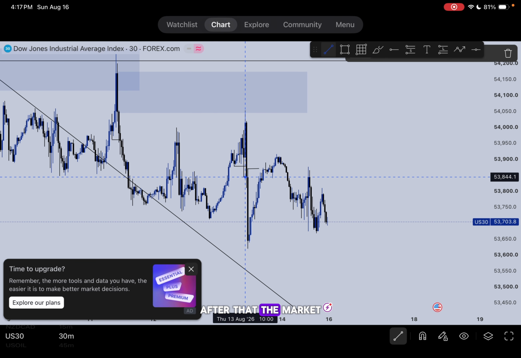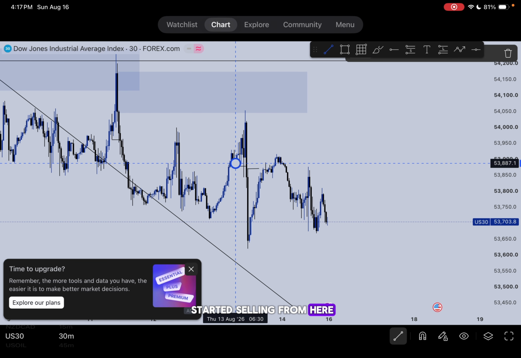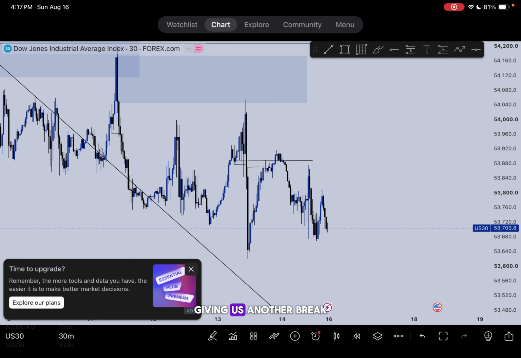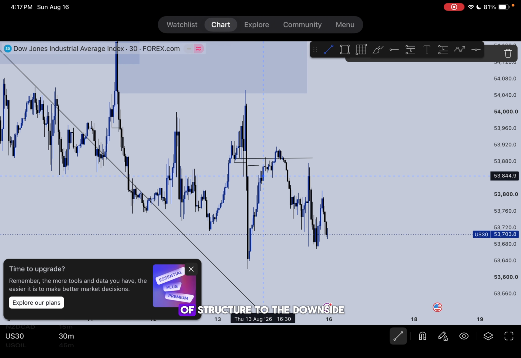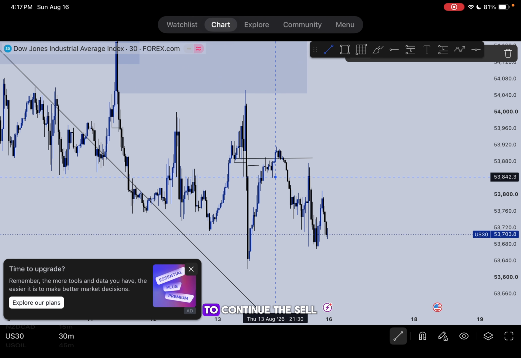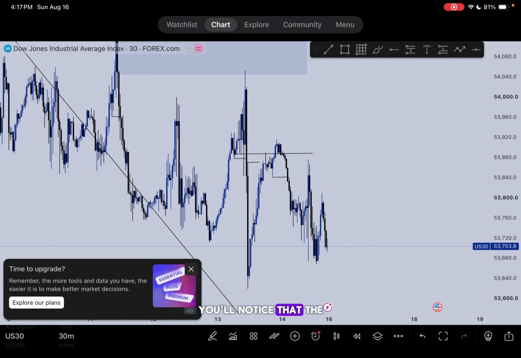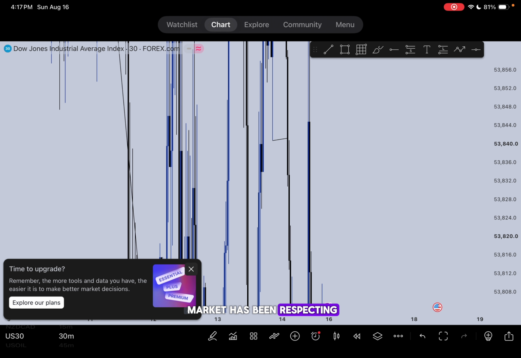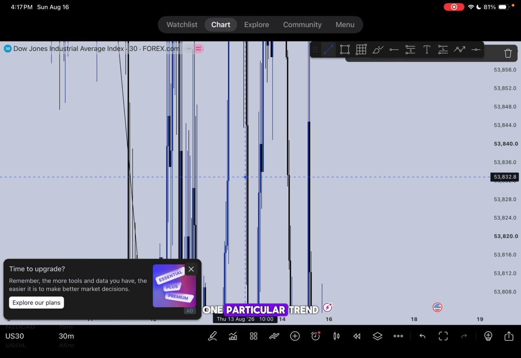After that, the market started selling from here, giving us another break of structure to the downside to continue this sell. You'll notice that the market has been respecting one particular trend.